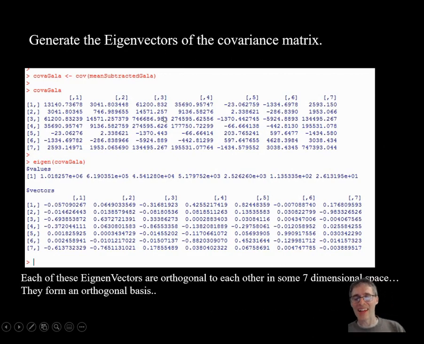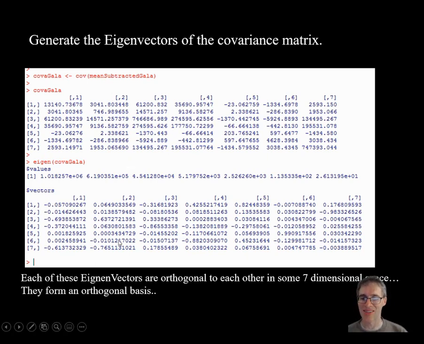Okay, so again, to go back to our homemade PCA here, I have my covariance matrix, and then I can get the eigenvalues and eigenvectors in R by just typing eigen of covagala, right? This is the covariance matrix of my original data, with the variance along the diagonal and the covariance off the diagonal. I say eigen of covagala, and I get the eigenvalues and the eigenvectors.